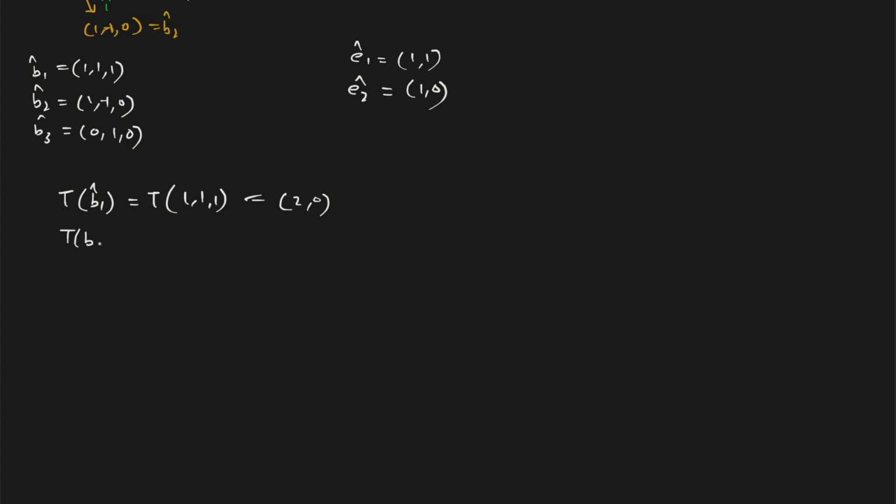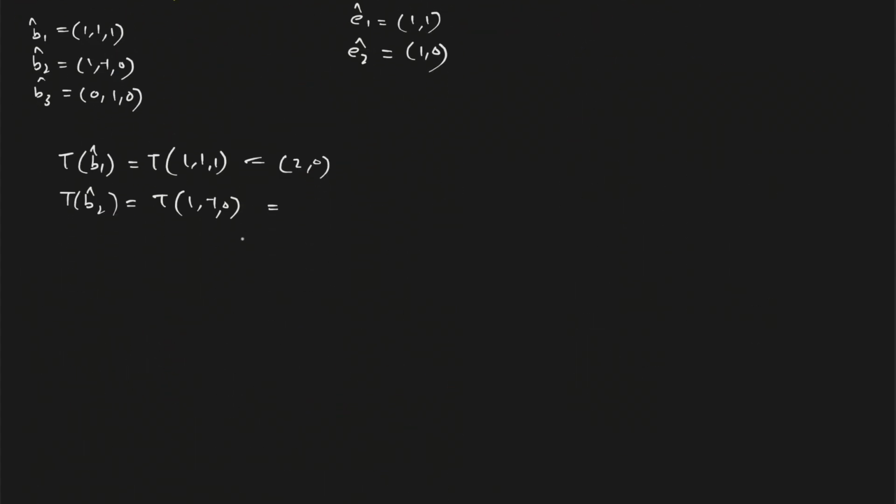Similarly for B2 hat, which is 1 comma minus 1 comma 0, x plus y is 0, and y minus z is minus 1. Similarly for the third basis vector B3 hat, which is 0 1 0, this is 1 comma 1.